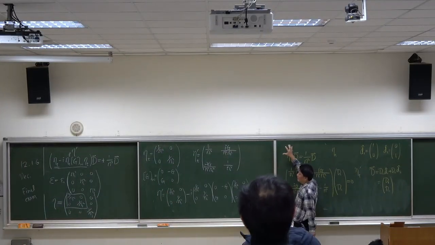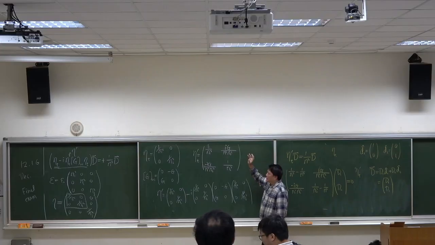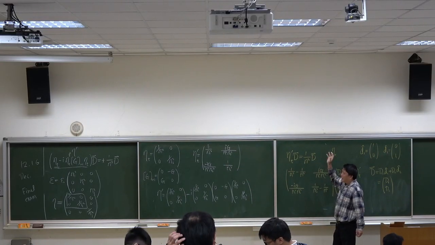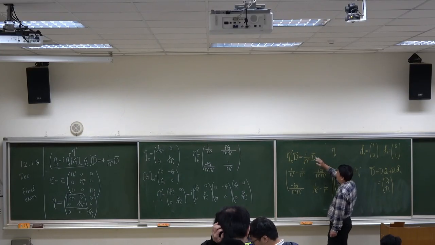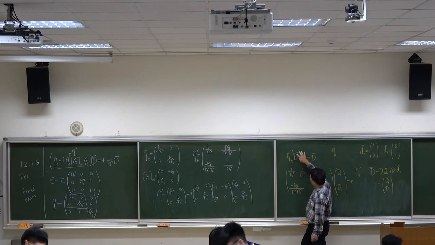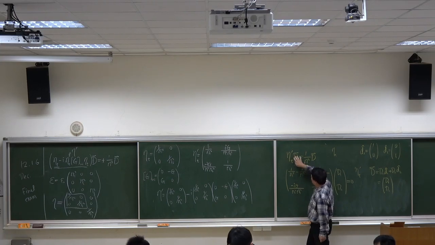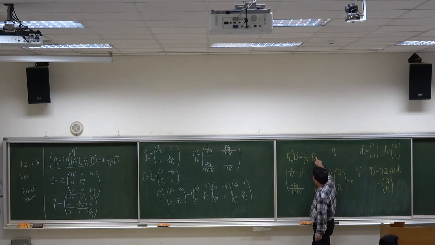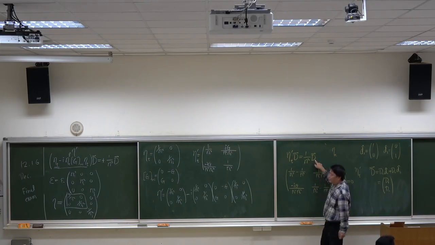Originally, if we have no optical activity, if the medium is not optically active, then originally we have eta t times d equal to 1 over n1 squared times d1, and 1 over n2 squared times d2.